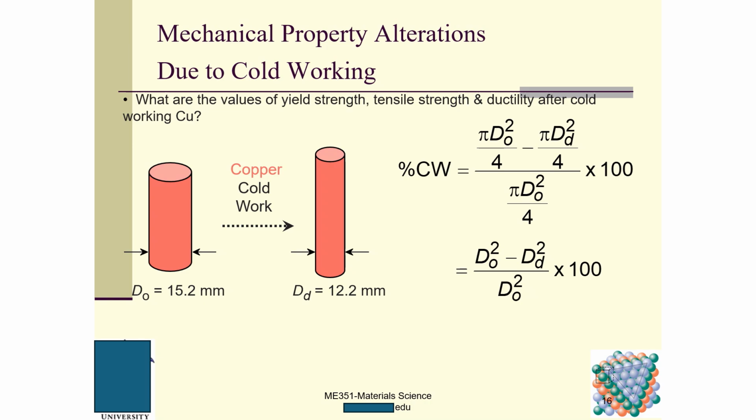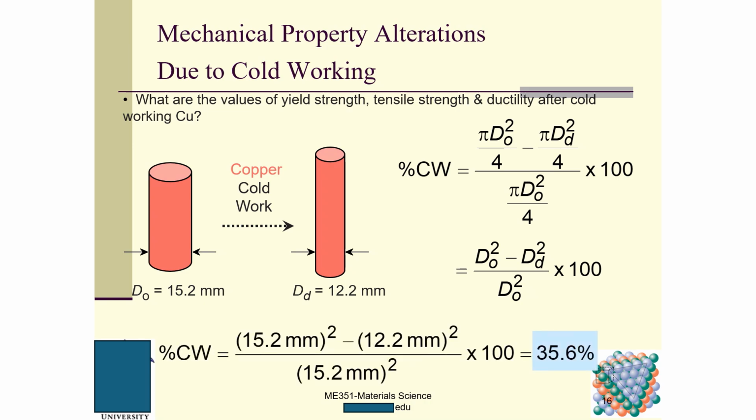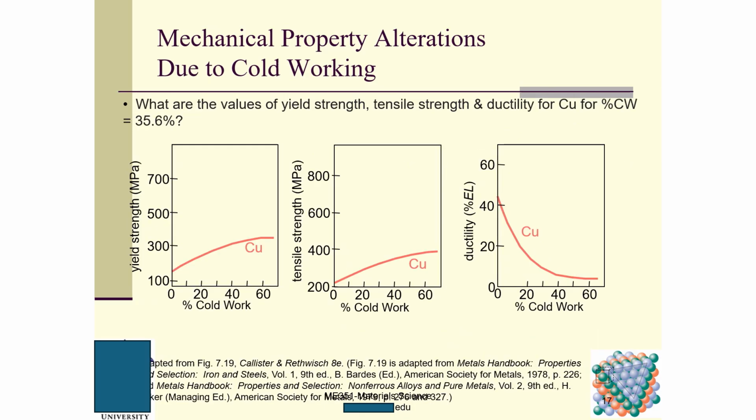This can be further described using this equation. For this specific example, if we plug in, the percentage of cold working equals 35.6%. It's very high.